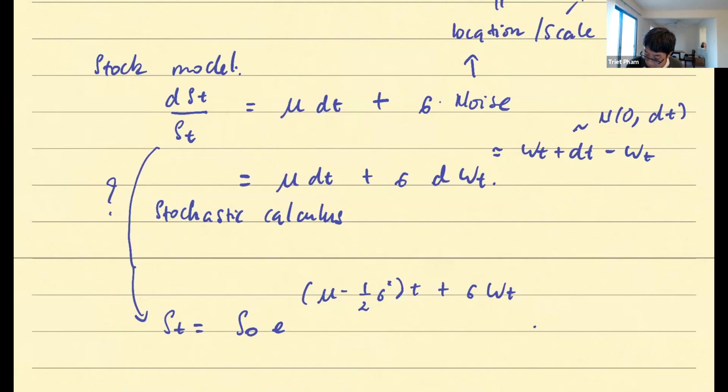So this can be understood as the result of all the actions of buying and selling on the stock. Imagine that every time a trader buys or sells the stock, it will have an influence on the stock price, up or down, whatever.